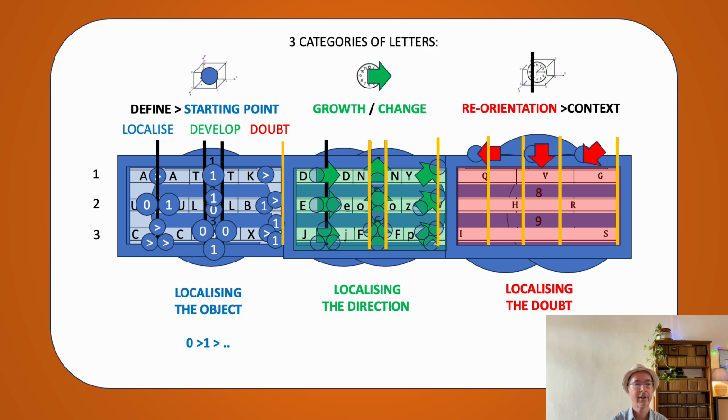The first category was about localizing the object, so basically trying to find the definition of the one, the point of reference of the neutrality with which I work, and there we needed 3 focuses: somewhere in the center, a little bit further, or to the side, in 1, 2, or 3 positions. All these 9 letters fitted into that category.